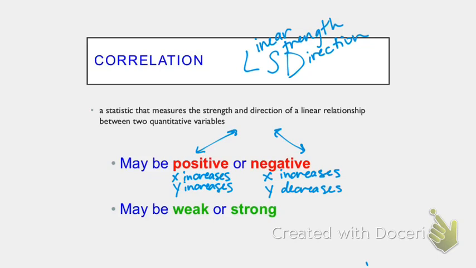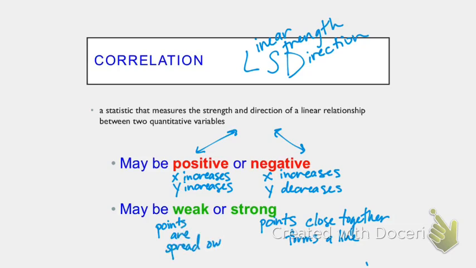For strength, weak versus strong: if something is strong, then your points will be close together. You can almost form a line. And if it's weak, then the points are more spread out. It's really easy to tell whether something is weak or strong.